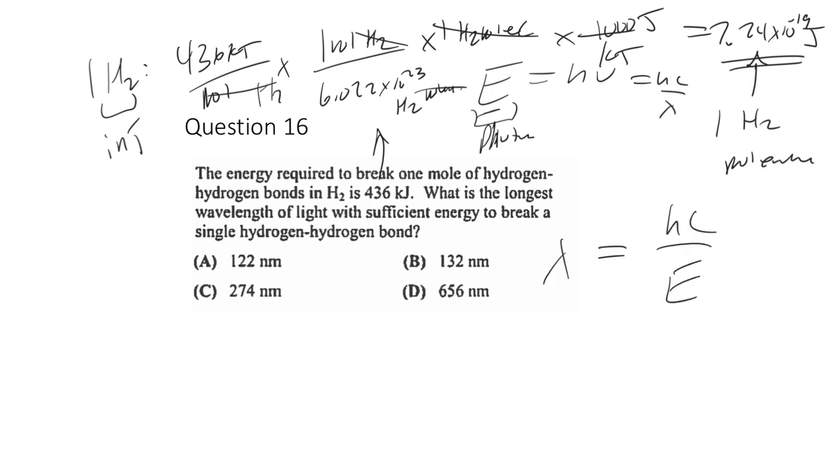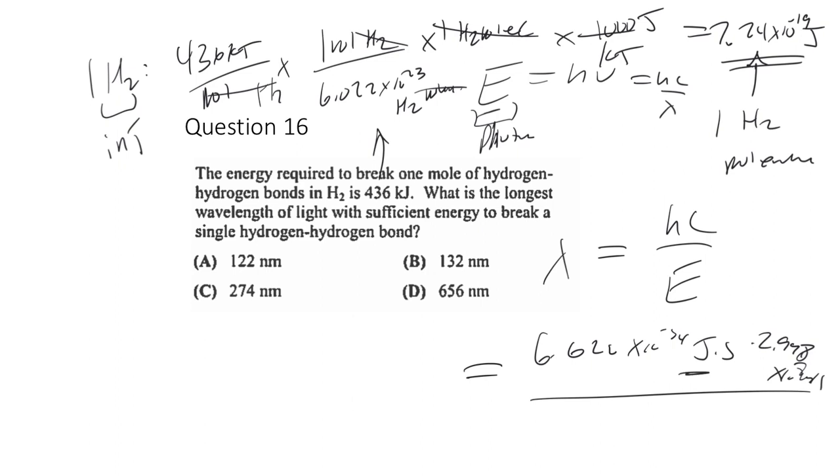divided into hc. So we take 6.626 times 10 to the minus 34 joules times seconds times the speed of light, 2.998 times 10 to the 8 meters per second. Then we divide by the energy in joules, 7.24 times 10 to the minus 19 joules. And then we have to convert to nanometers. We're going to originally be in meters, from meters per second.